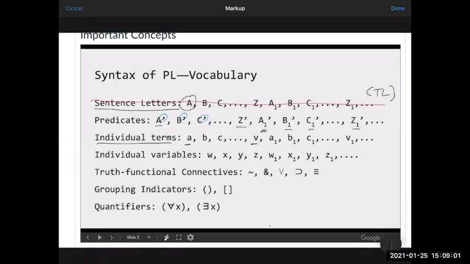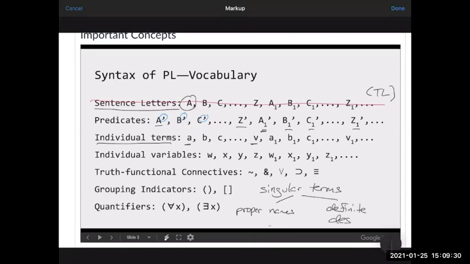But individual terms are from A through V, and they're all lowercase, and maybe paradoxically, these are what correspond to singular terms in natural language. So singular terms in natural language, in case you forgot from the important concepts section, correspond to one of two things: either proper names or definite descriptions.